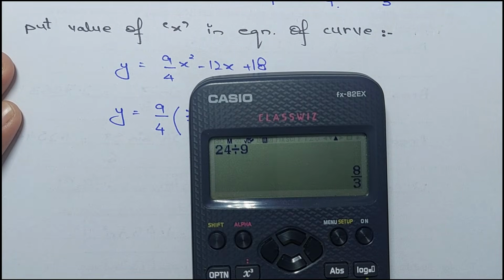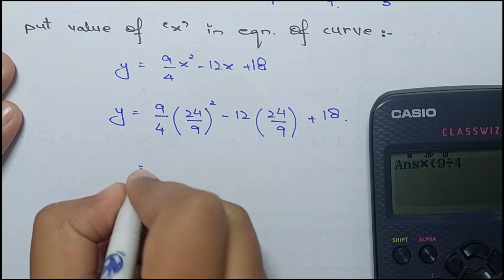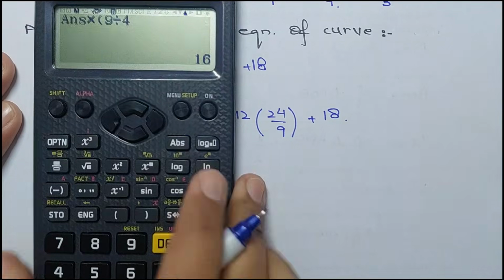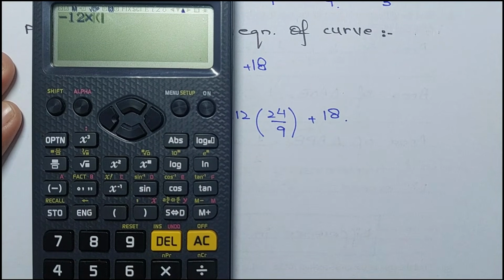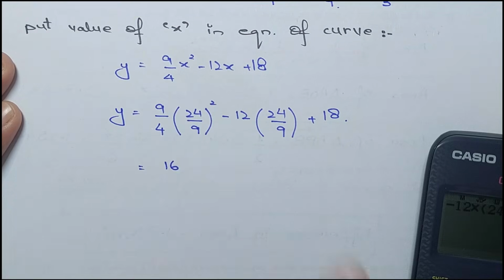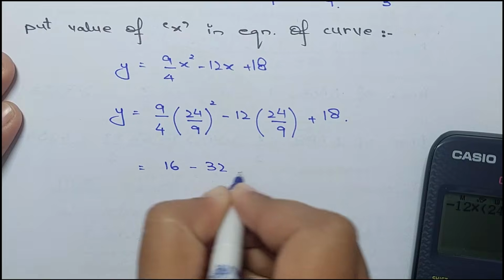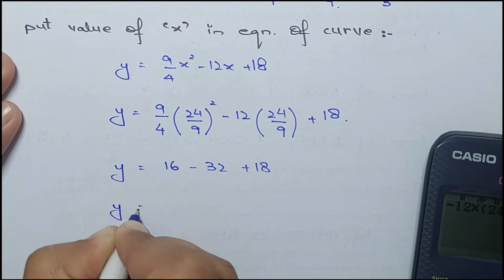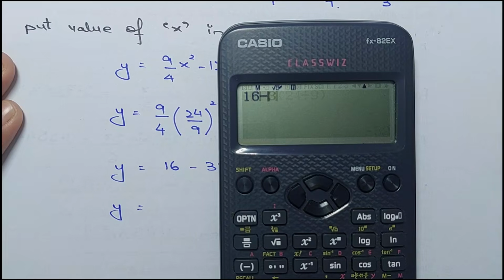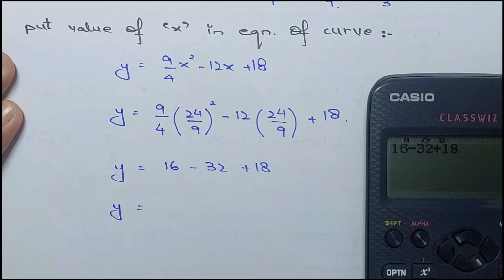Take its square, times 9 over 4, that is 16. Negative 12 times 24 over 9 is minus 32, plus 18. So y would be equal to 16 minus 32 plus 18, which is 2.